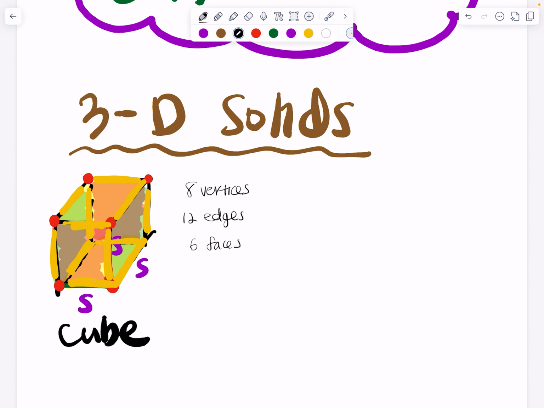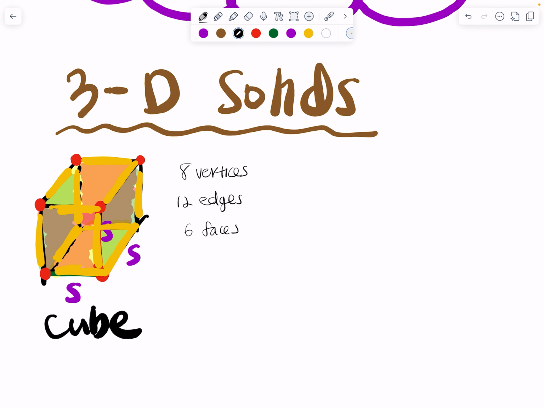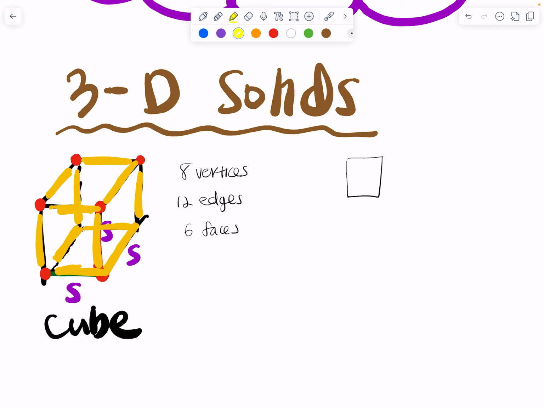Let's confirm our understanding by drawing our net. When you've learned to find the surface area of a 3D solid, you can't do that without drawing a net. So here is the base. I always want to shade the bases.